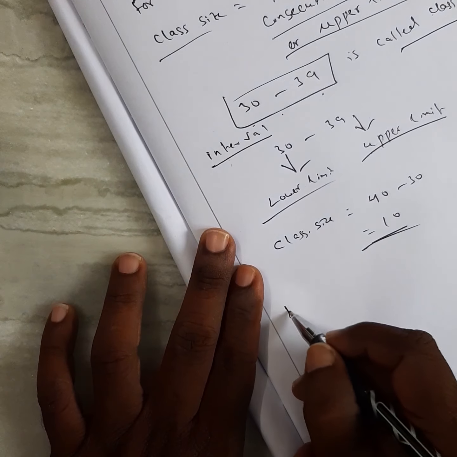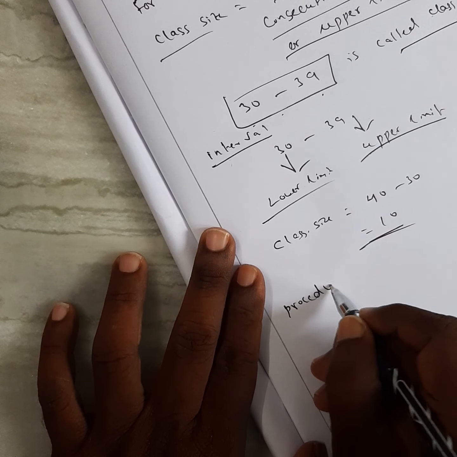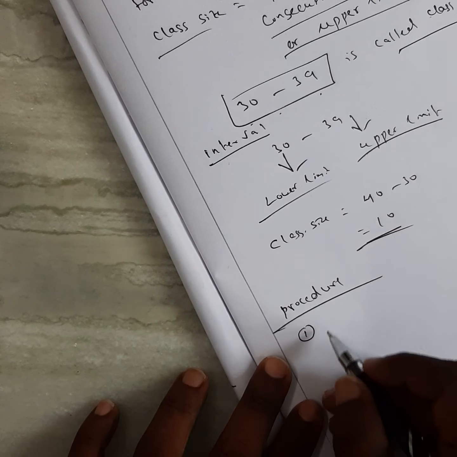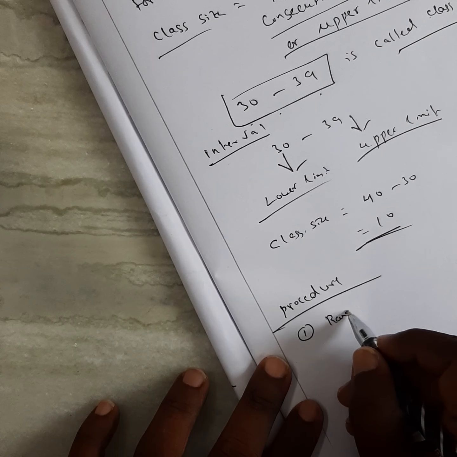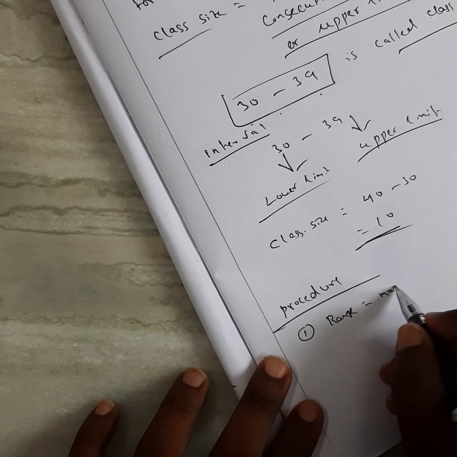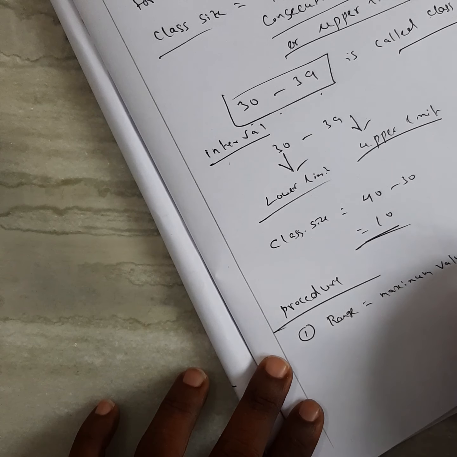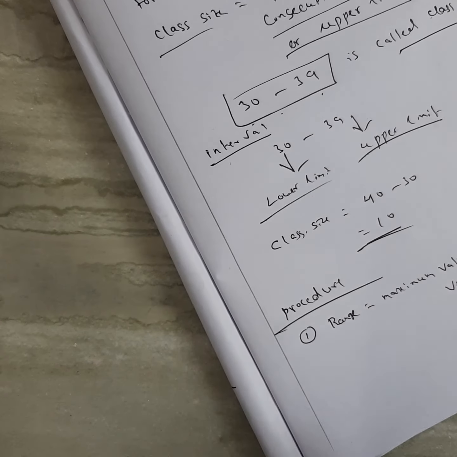What is the procedure? First you have to calculate the range. Range is equal to maximum value minus minimum value.